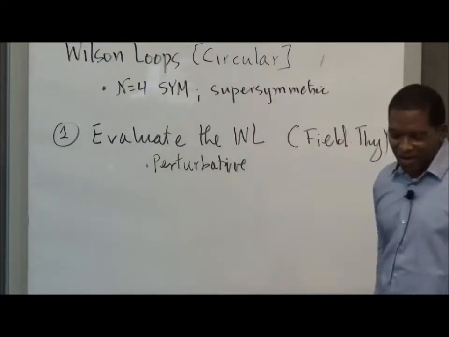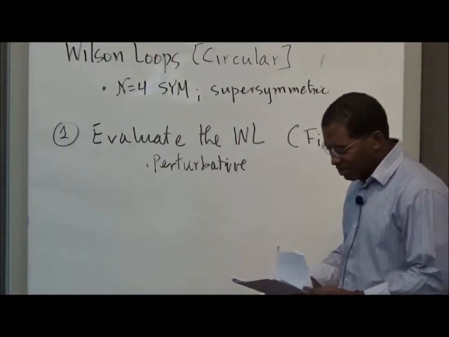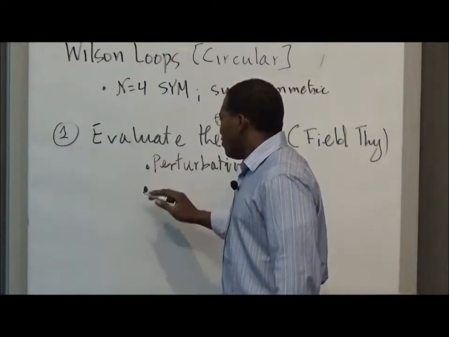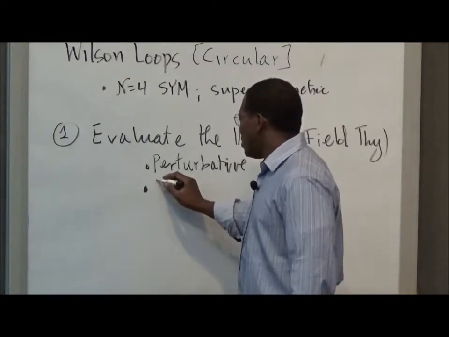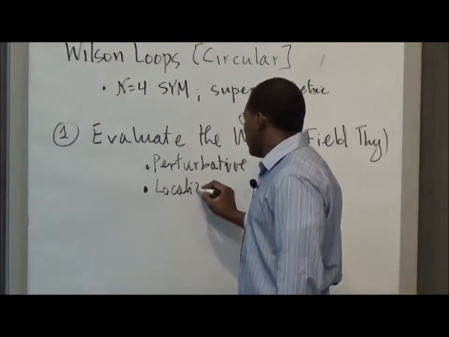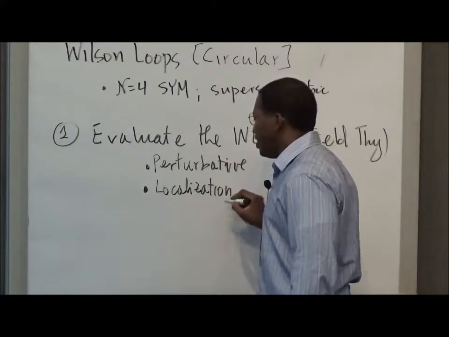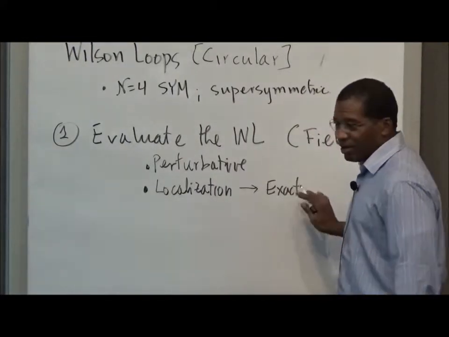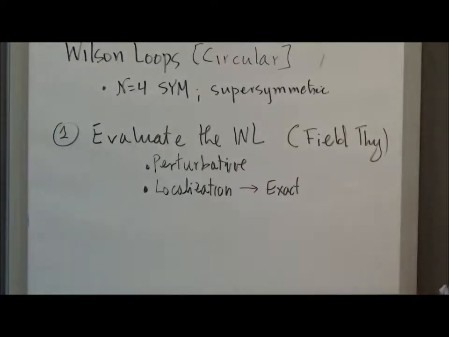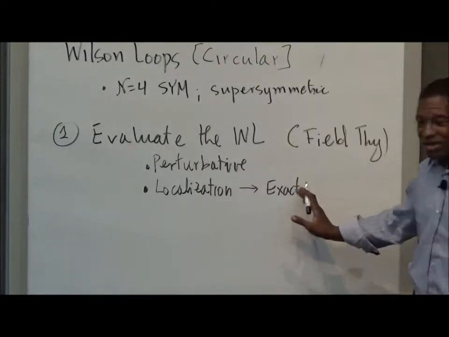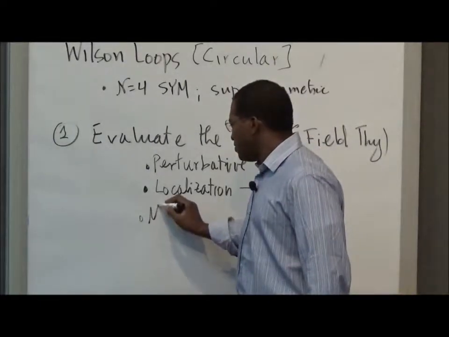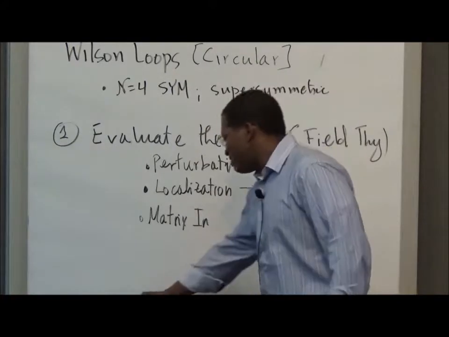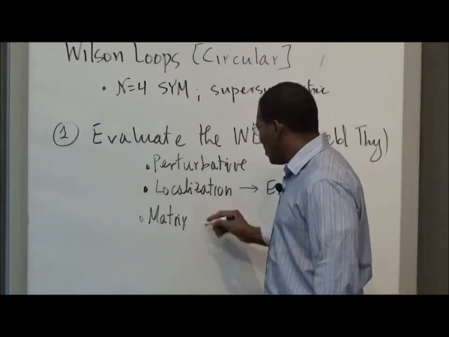There will be some Feynman diagrams, but very simple. Then I will introduce, very briefly, localization. This is a technique that will allow us to compute the Wilson loop exactly. It will define it exactly as a matrix integral, and then I will do that matrix integral for you. This is a technology that belongs to the domain of matrix models.